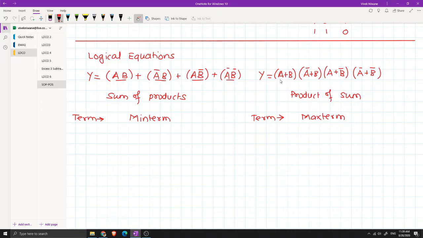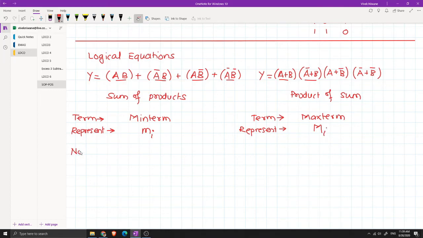In product of sums, A plus B is one max term, A bar plus B is another max term, and so on. Every min term is represented as small m i, whereas every max term is represented as capital M i.